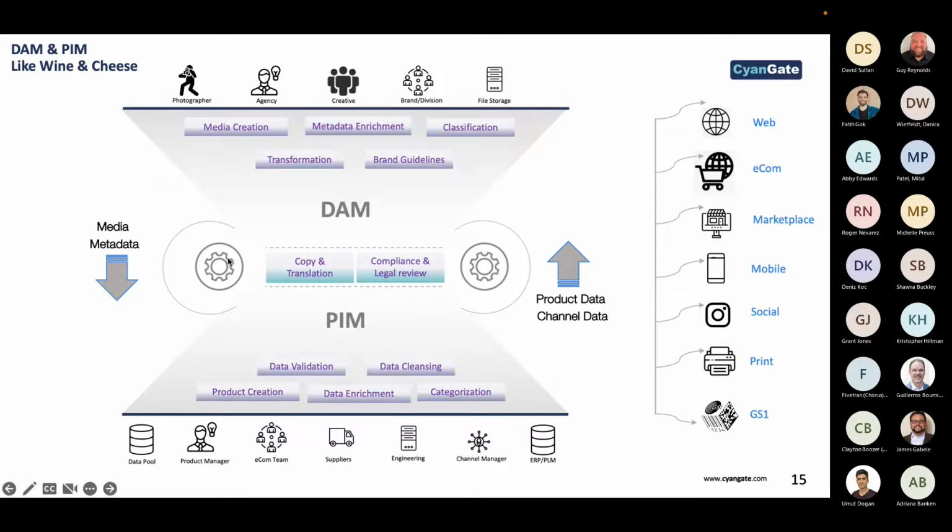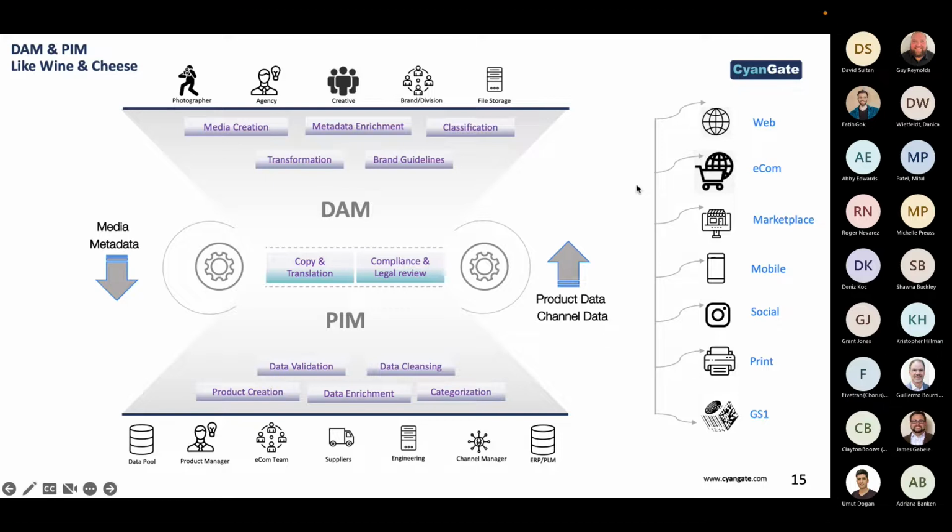But at the end of the day, what you see is the DAM typically exposes or publishes data to the PIM, which is really around media and metadata, where the PIM either exposes or publishes the data or makes it available to the DAM, typically around product data, channel data, logistics, packaging information. And all this stuff together is why I put DAM and PIM like wine and cheese, they work together, they have different flavors of it.